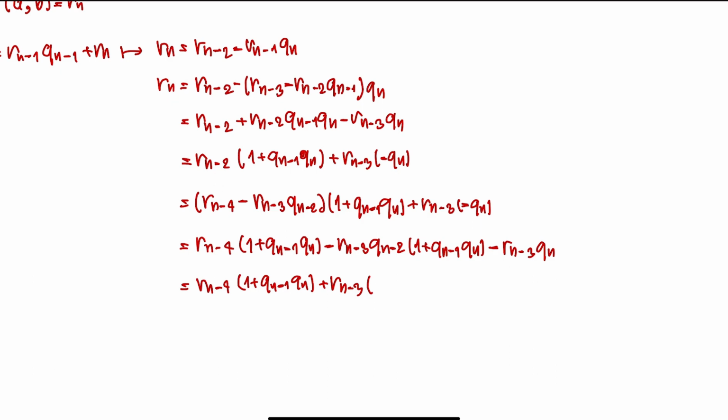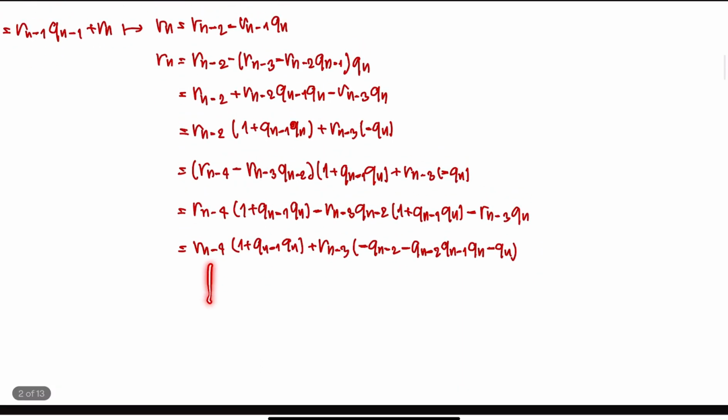So we're going to have minus Q(n-2), minus Q(n-2) (n-1) Qn, and minus Qn. Factorize R(n-3).